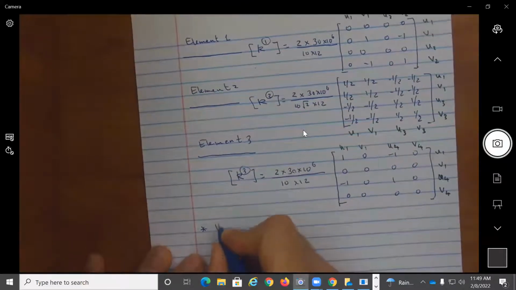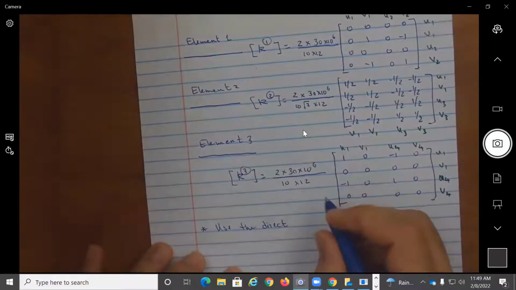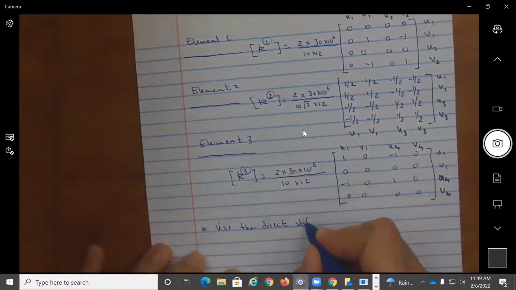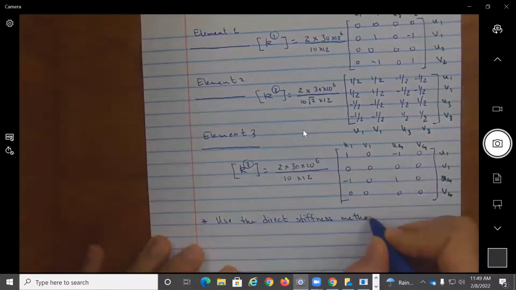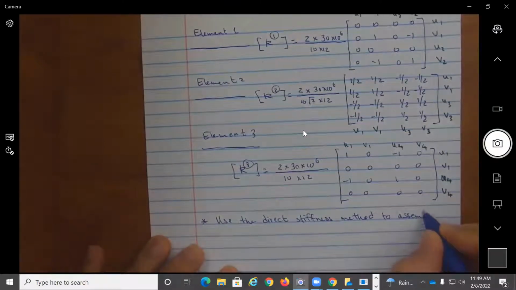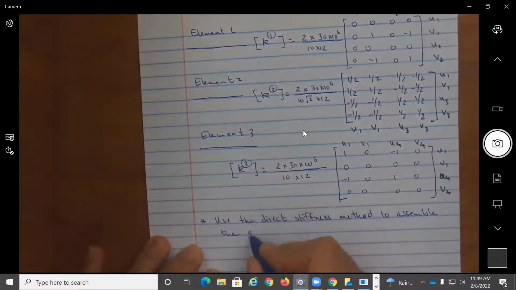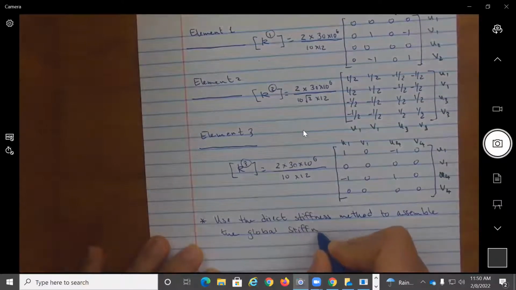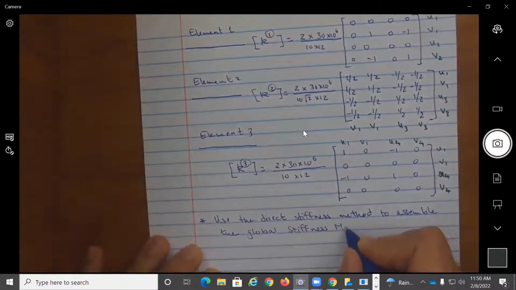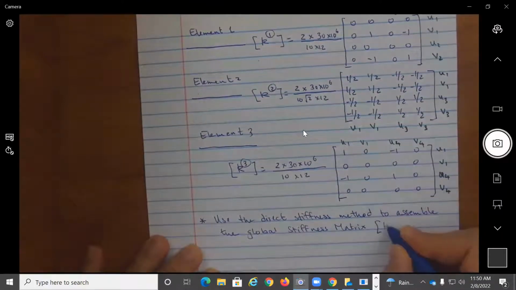So we're going to use the direct stiffness method to assemble the global stiffness matrix K.